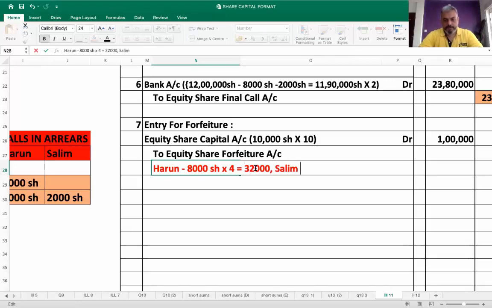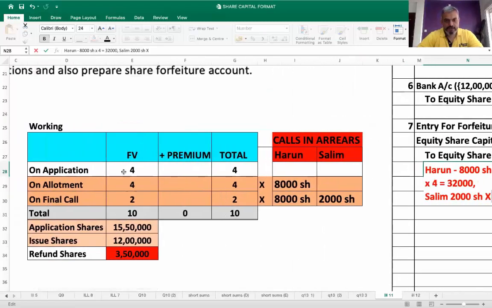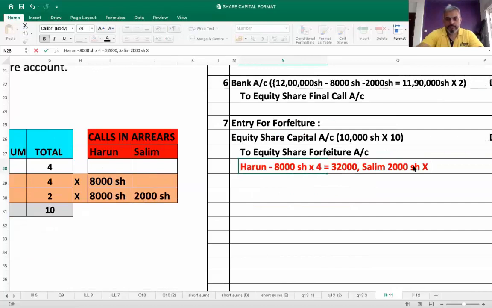And Salim for 2000 shares paid. How much did Salim pay? 4 rupees for application and 4 rupees for allotment. So 8 rupees, which is equal to 16,000.